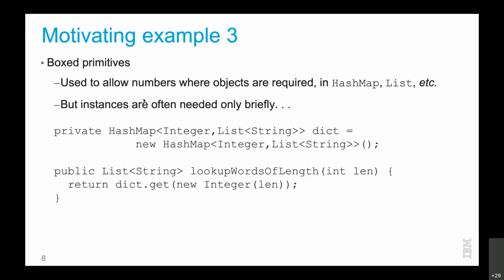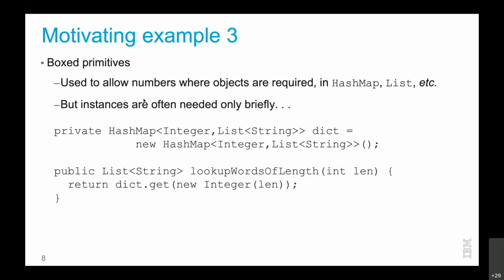But those instances are, again, often needed only very briefly. So here, for instance, we've got a hash map that contains a dictionary, and it happens to be mapping from the lengths of words to strings that are that length.